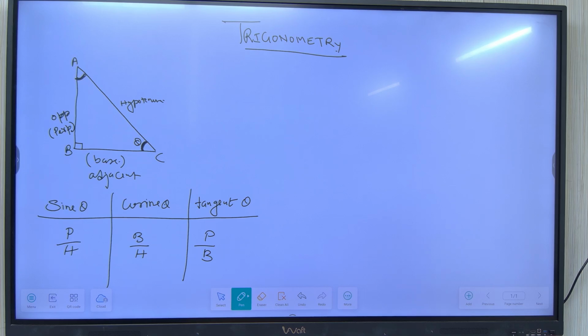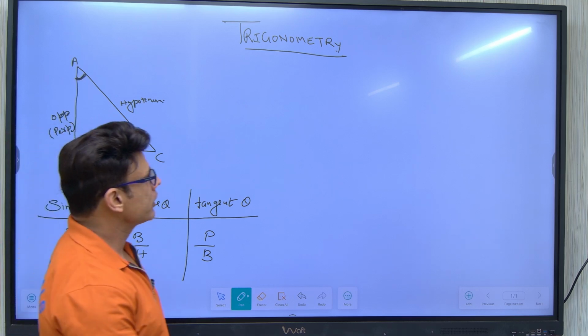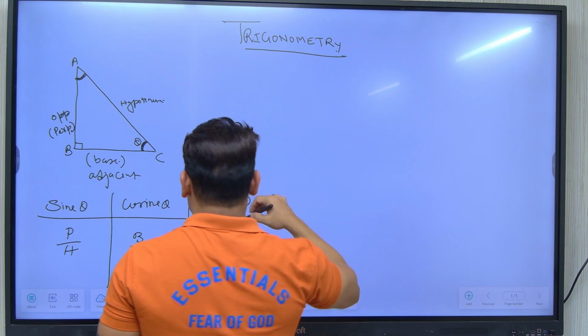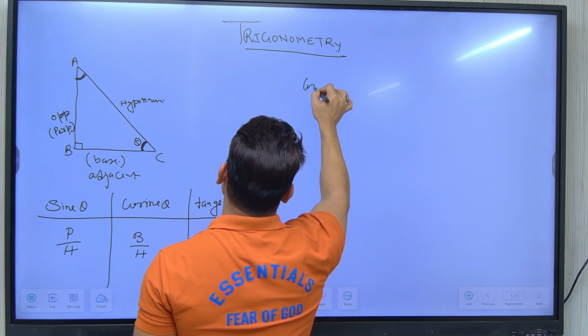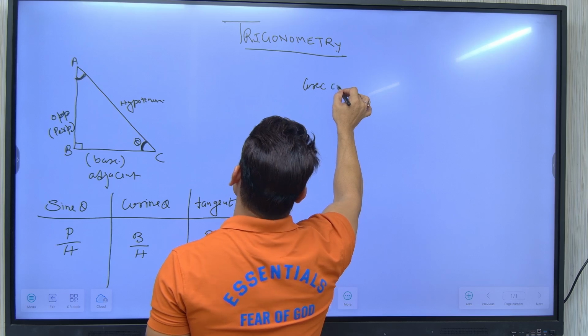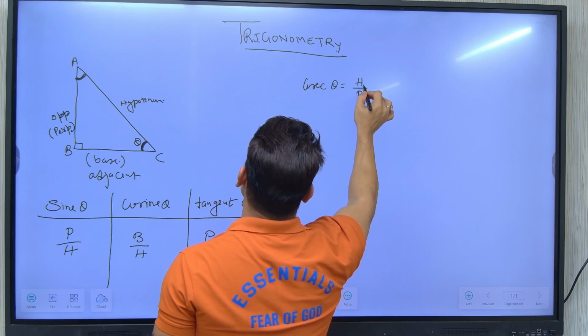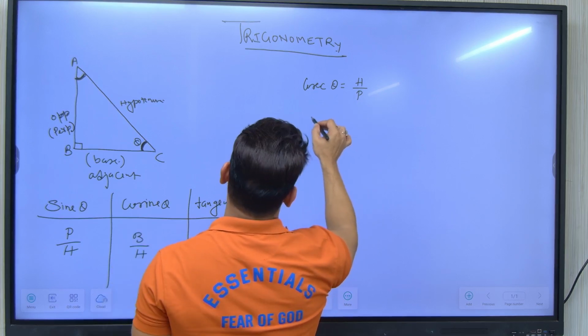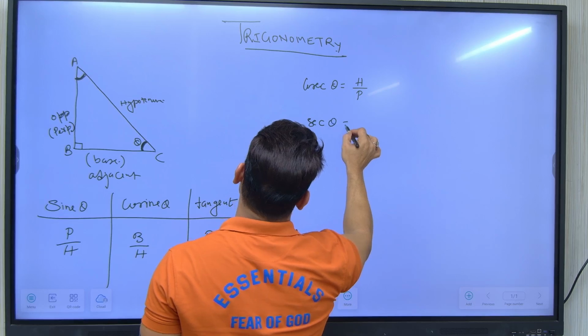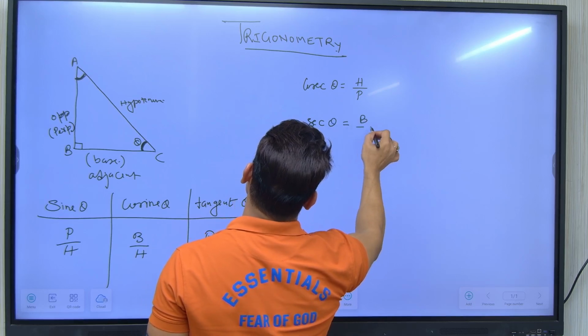अब other 3 are reciprocal of it. What is reciprocal of sine? Cosec, cosecant, right? What is cosec theta? Exactly reciprocal of this: hypotenuse upon perpendicular. This is secant theta, which is hypotenuse upon base.